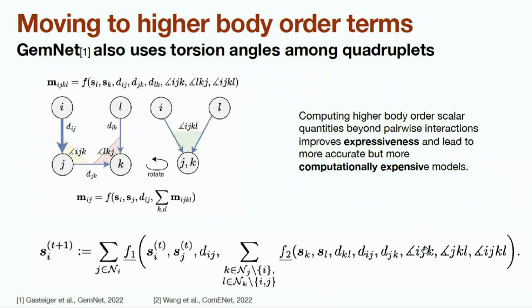So if we go one more body, basically, if we look at every kind of quadruple, or four bodies, then now we have a little bit more information that captures all the degrees of freedom that you can observe in this system, right?